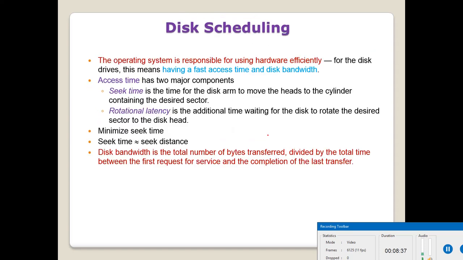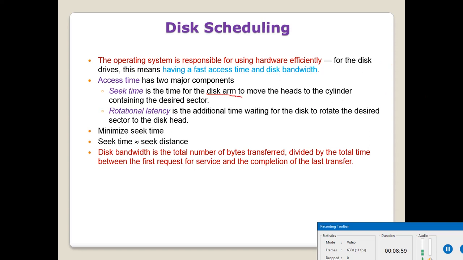Disk scheduling. The operating system is responsible for using the hardware efficiently. For a disk drive, this means having a fast access time and a faster data transfer rate. Access time has two main parts: random access time, that is seek time, and the rotational latency. Just now I discussed it.